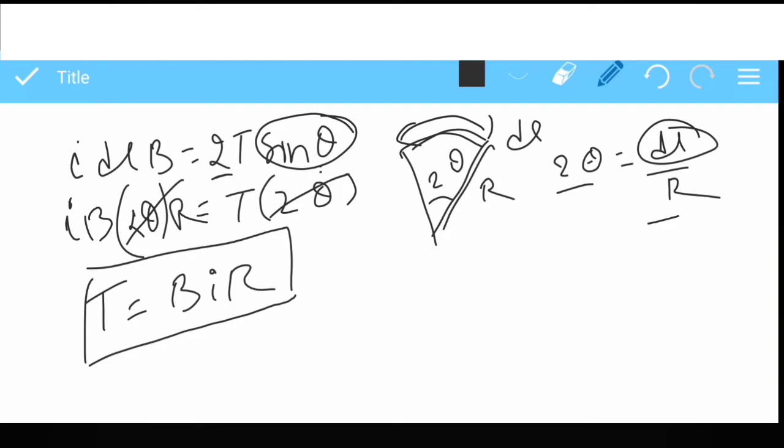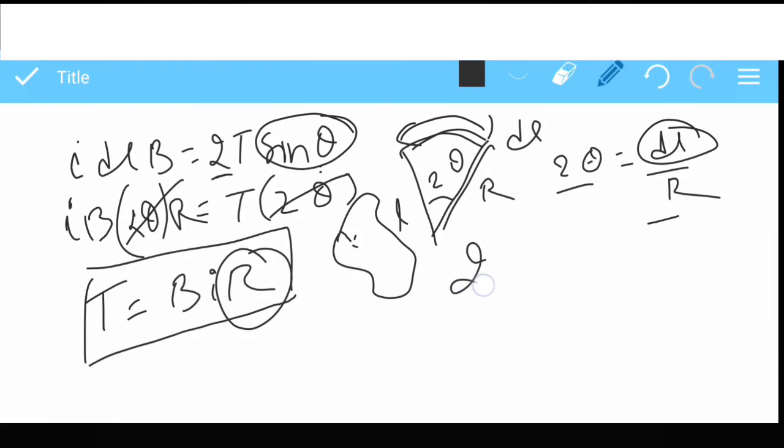So this is the expression for tension in the string. B is the strength of the magnetic field, I is the current, and R is the radius. Now suppose it is given that a loop of length L is placed in a transverse magnetic field, and when current I flows through it, it acquires a circular shape. You have to express the tension in terms of the length of the loop, so this R has to be replaced.